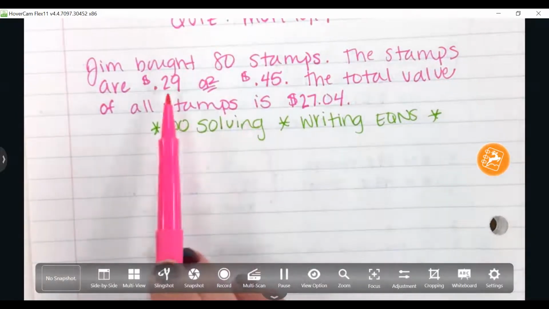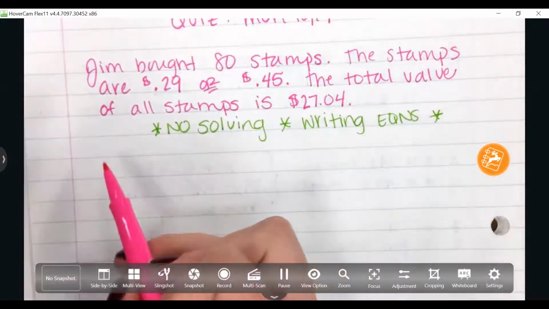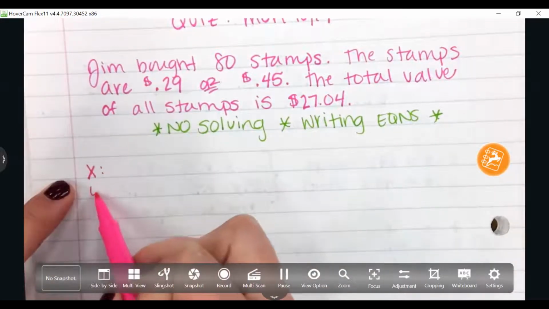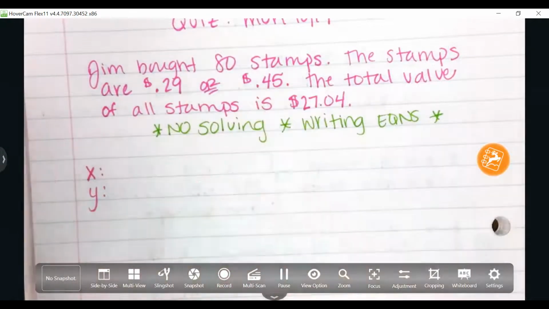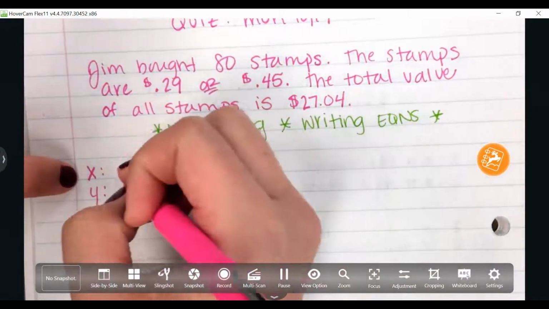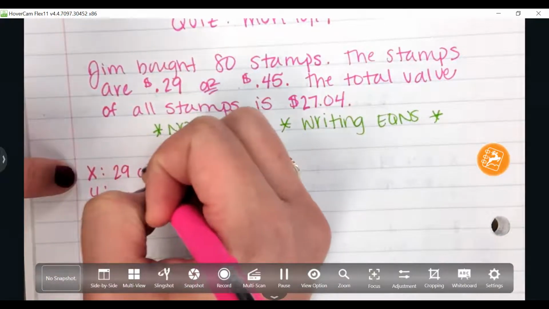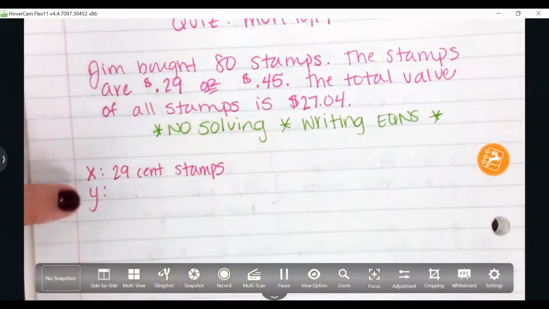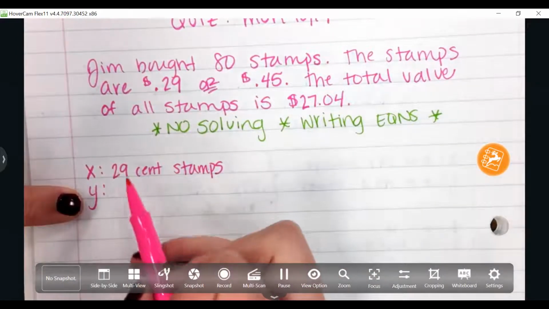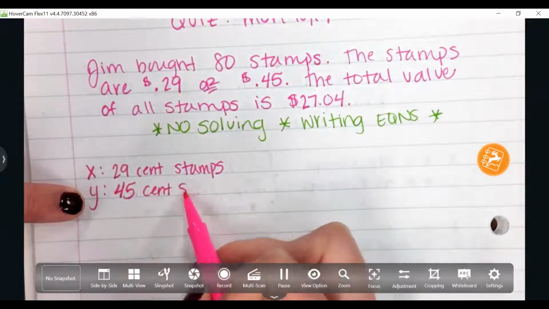They're called 29 cents and 45 cents, okay? If I have 2 items, I need 2 letters right here. You're going to have to tell me what the letters mean. So I have 2 different types of stamps. X will be the 29-cent stamps. We'll write out the word cent. It might look nicer. Which means Y has to be the 45-cent stamps.